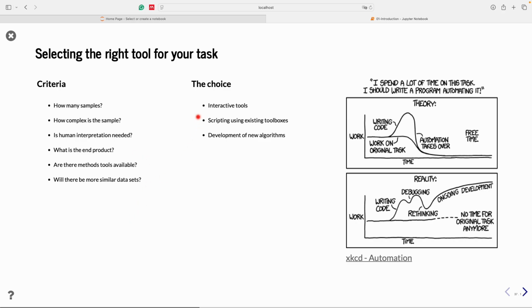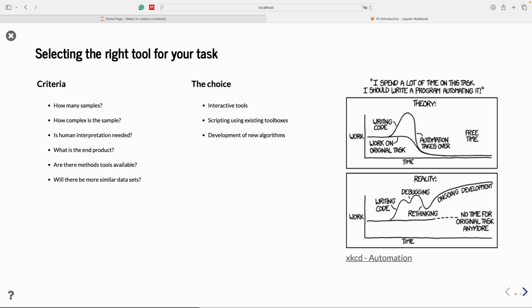Given this, you have the choice of working with interactive tools. As soon as you need human interaction, then of course you have to go for some interactive tool. Then you can do scripting using existing toolboxes, and that's quite helpful.